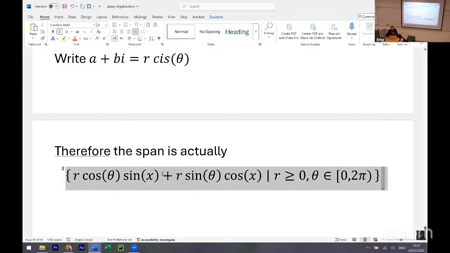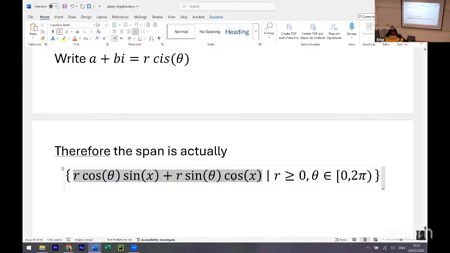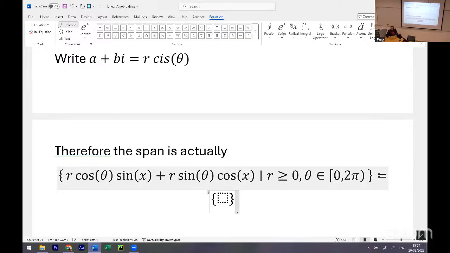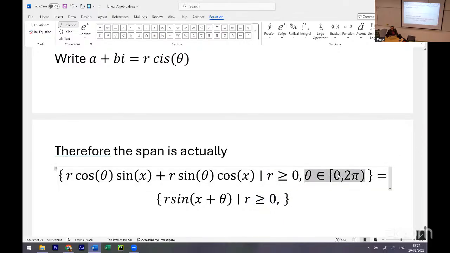Now, what is that? Can someone tell me what that equals to? It's the sine of theta plus x. Exactly. Such that r is larger than 0 and theta is between this and that.